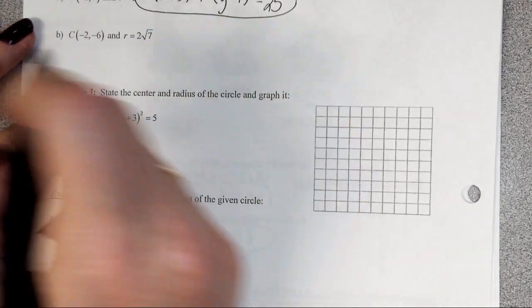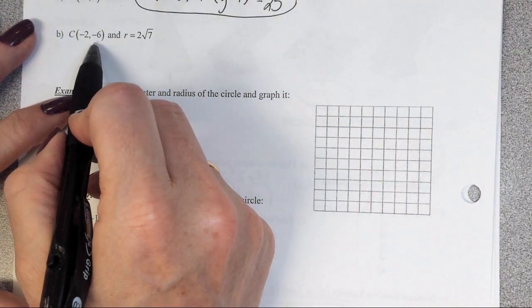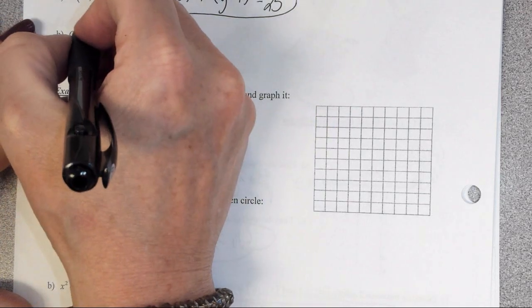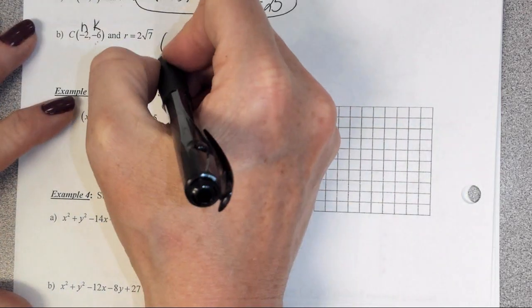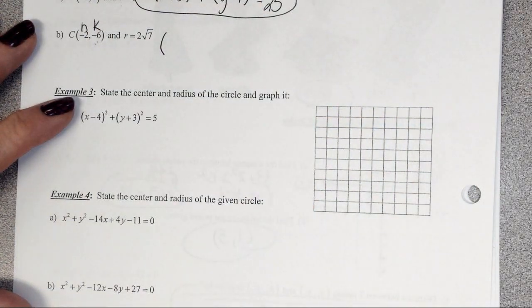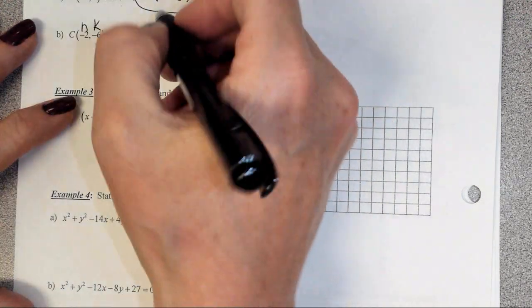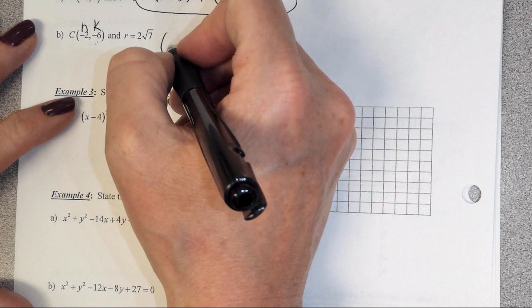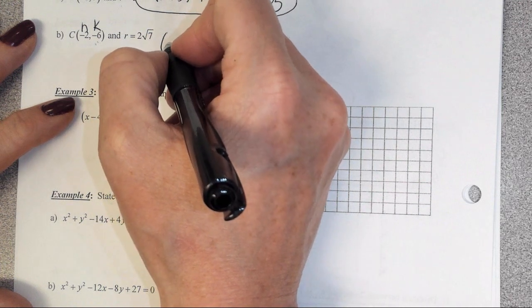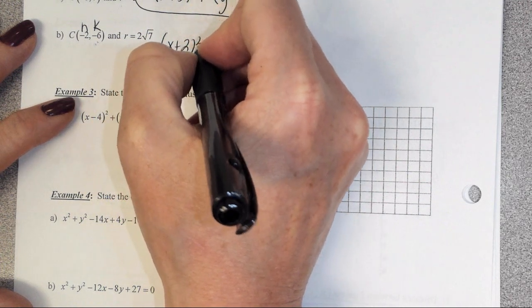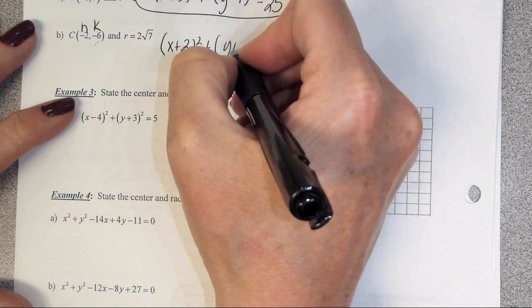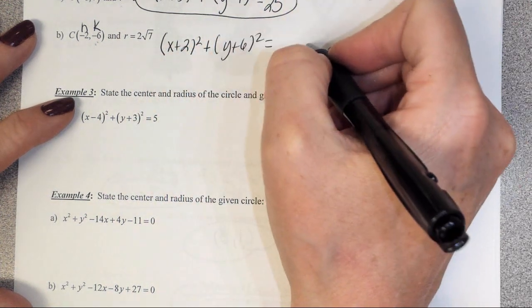All right. Let's look at this one now. Here's our center. Lizzie, can you tell me what the x and y part would be? It will be x plus 2 squared, and then y plus 6 squared equals 2.